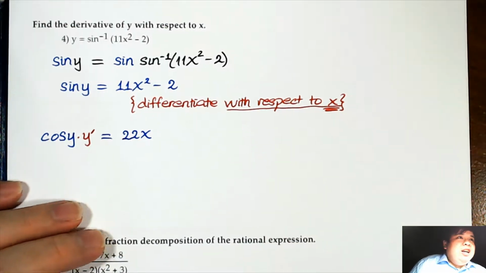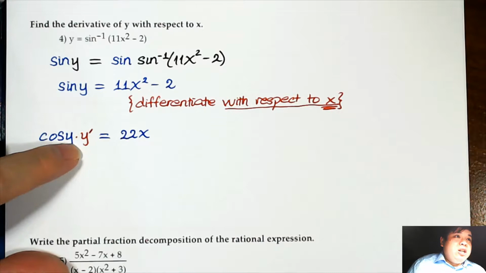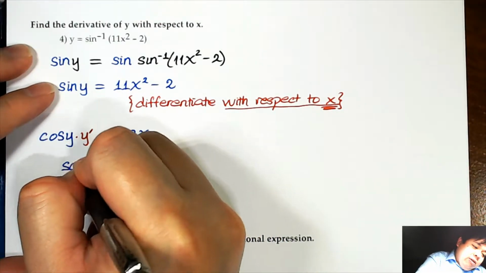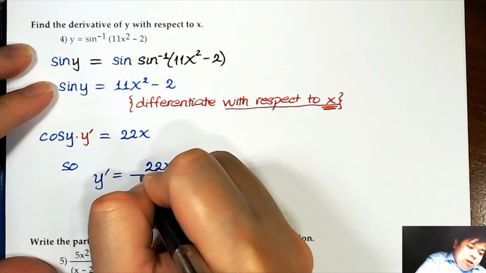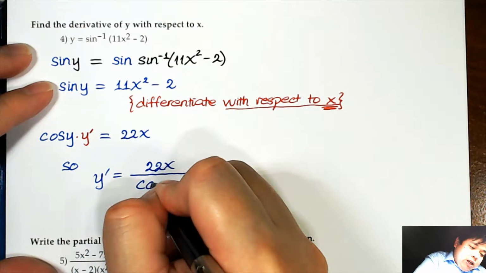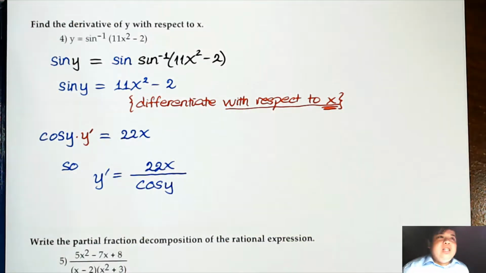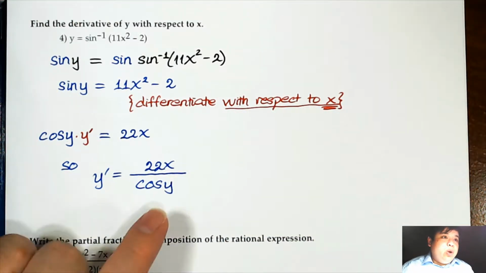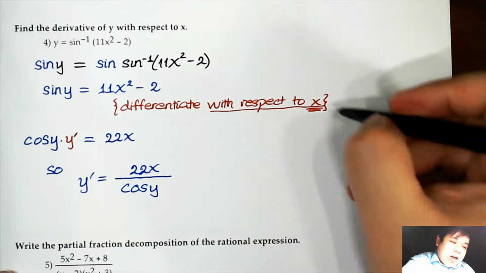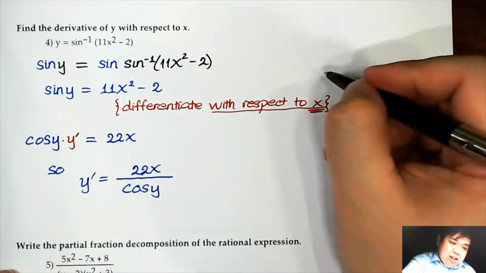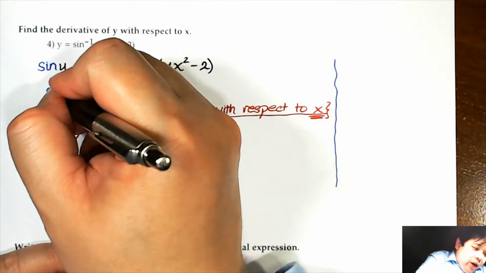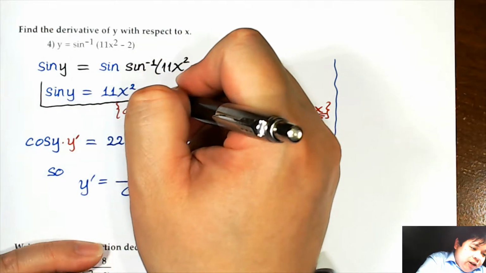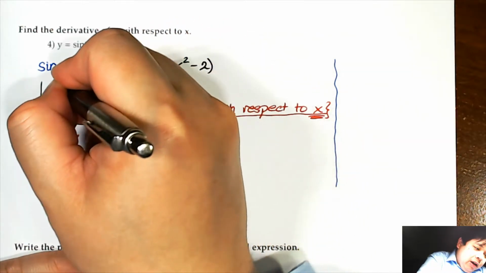So simple enough. Now we want derivative of y, which is y prime. So we have y prime equal to 22x over cosine of y. Right, simple enough. The only thing we need to do is find out cosine of y. So what is cosine of y? Now we go on the side and let's do this. Originally, we have sine of y equal to 11x squared minus 2.